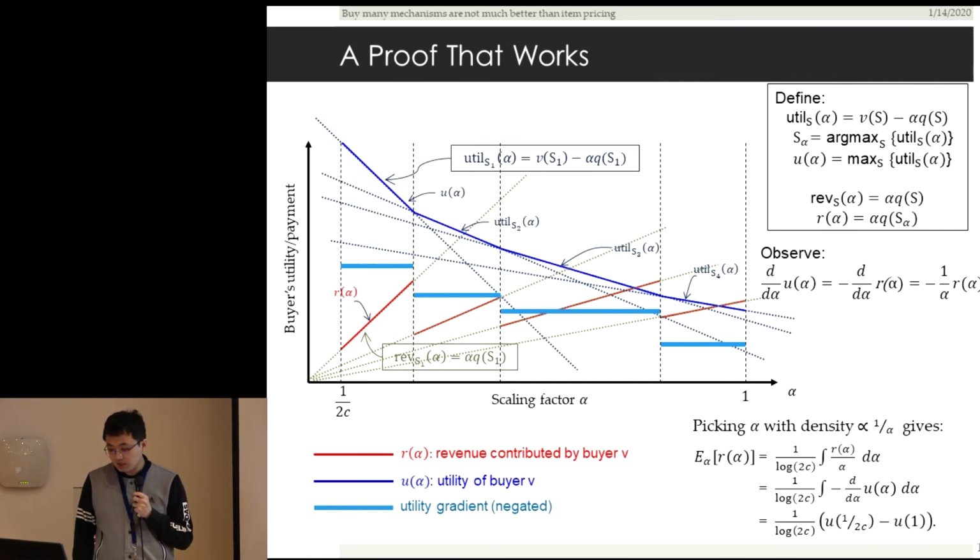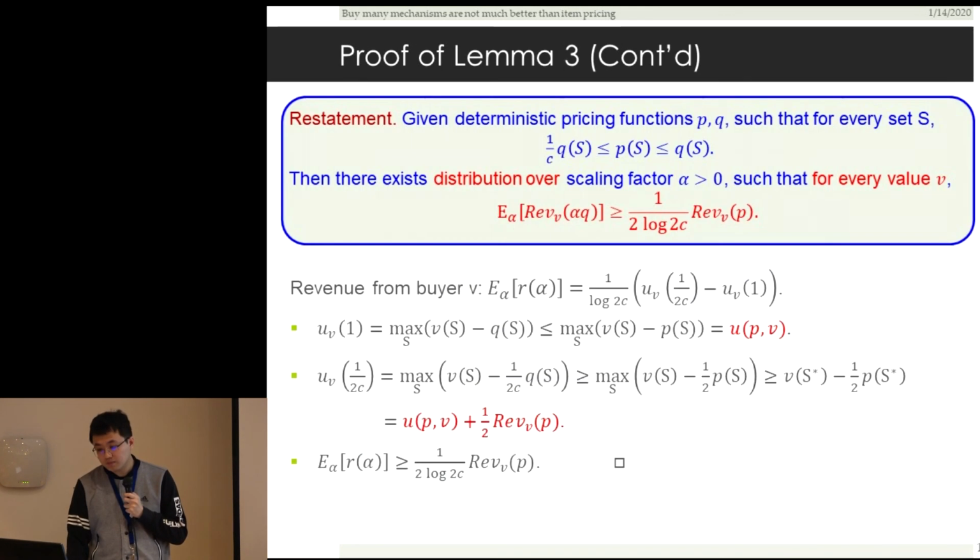To be more precise, the expected revenue when alpha is selected from such a distribution is a log C approximation to the utility decrease between the two endpoints, alpha equals 1 over 2C and alpha equals 1. So to prove that the expected revenue is a log C approximation to the original revenue, we only need to bound the utility difference. And actually, we can prove that the utility difference between two endpoints is a 2-approximation to the original revenue. So then we get the log C approximation.